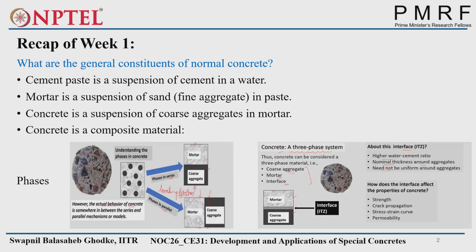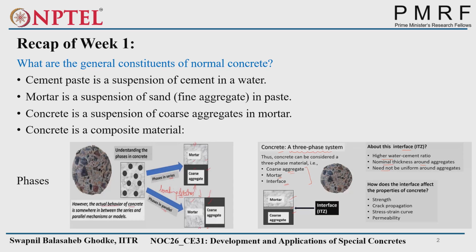One another phase will come into the picture, that is the interfacial transition zone. What is the interfacial transition zone? Coarse aggregate will be there, and we have two phases: mortar and coarse aggregate. What happens when we are casting the concrete?